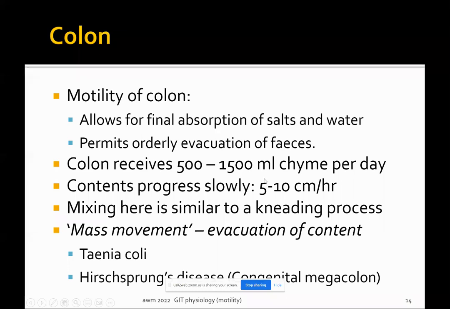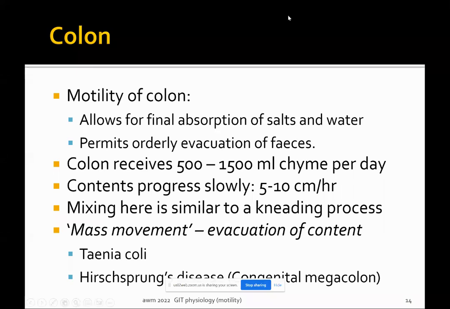And the contents progress very slowly. So if you look here, you can see that the rate at which the contents progress is about 5 to 10 centimeters per hour, which is much, much slower than what we saw in the small intestine.